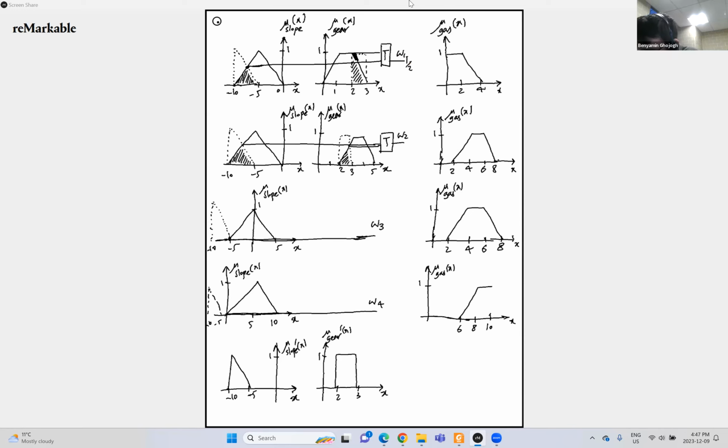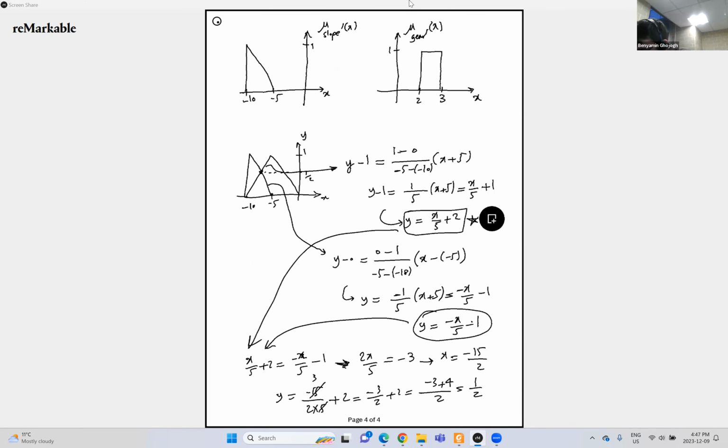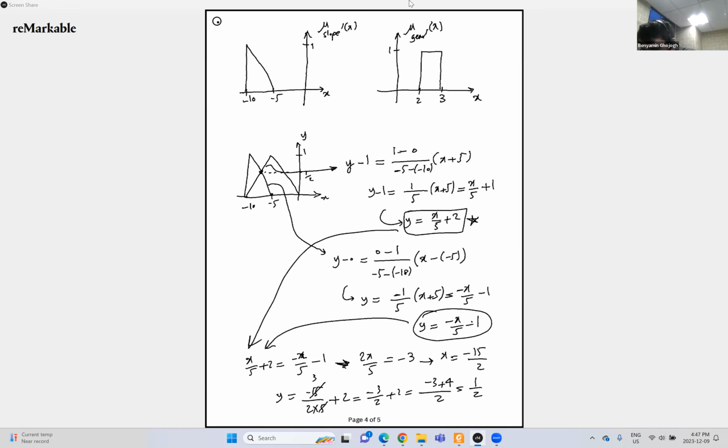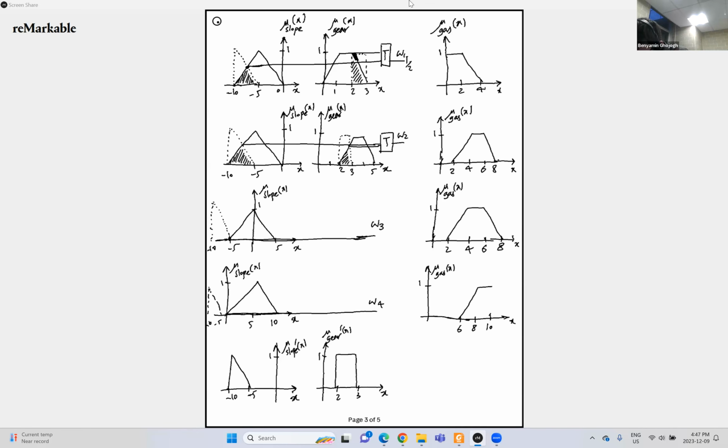What about these two? We need to calculate. I'm not sure which one is the smaller. Okay, let's calculate it. So this one is half. We already calculated that because it's very similar to this. It's exactly the same as this, right? But what about this one? So it's between 2, 3, 4, 5.